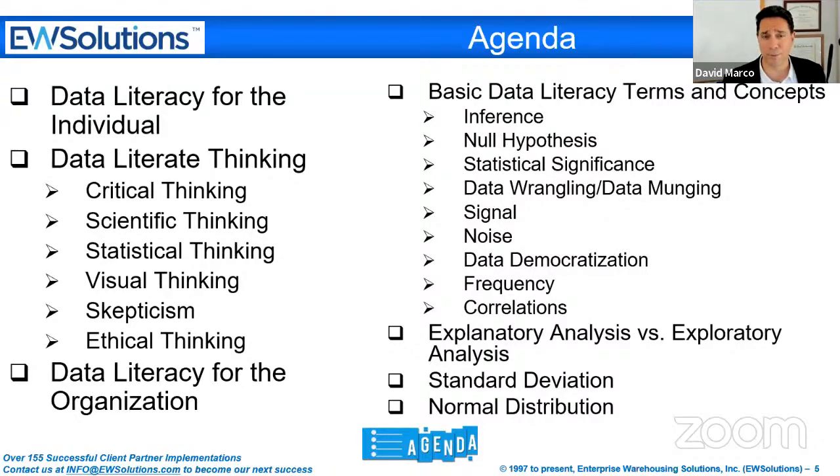For those of you who've been with us on this journey, you'll see a slide that you have seen before, but it's really one of my favorite slides to talk about data literacy. And then, if I'm going to do a series on data literacy, we have to deal with the hard stuff, the stuff that we don't really want to grapple with. And these are our basic data literacy concepts like inference, null hypothesis, statistical significance, and a host of others. With that, let's dive in.